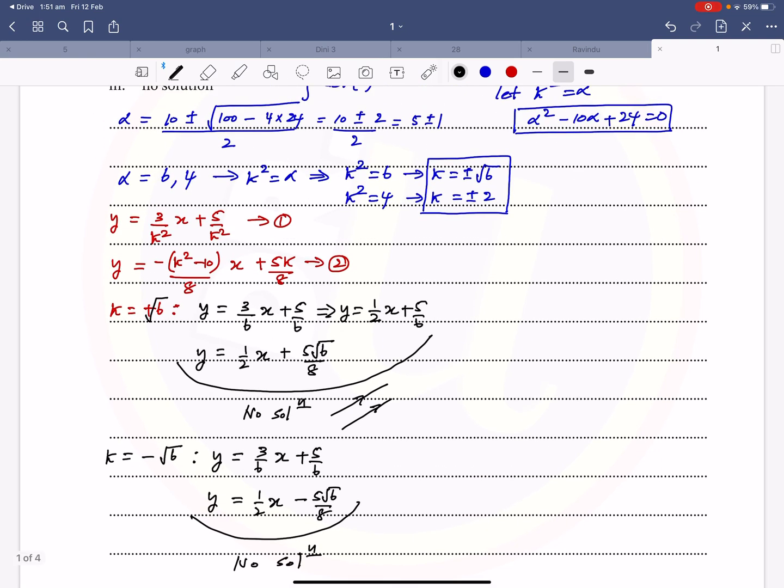Similarly, you can try for k is equal to plus 2.